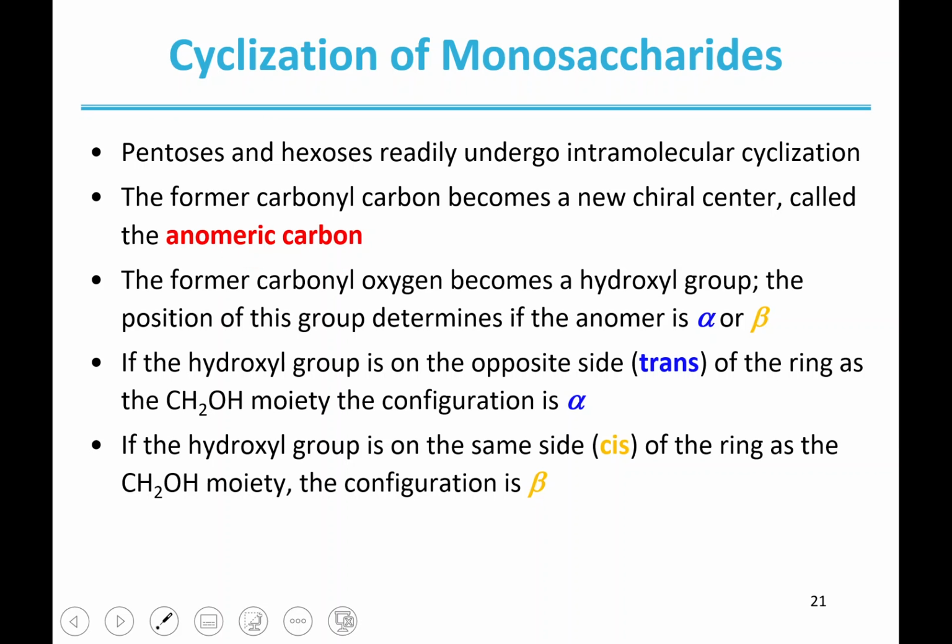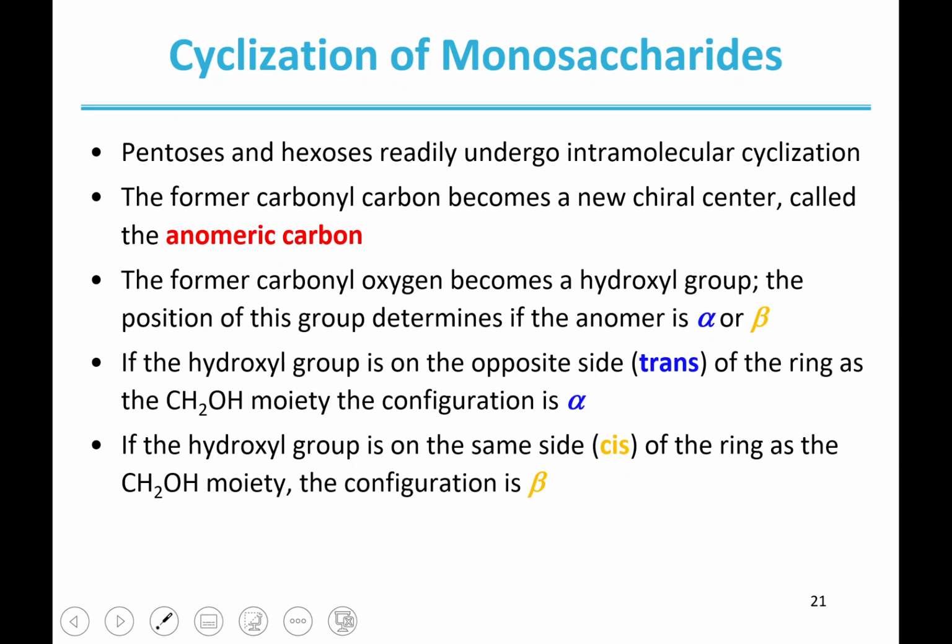Okay, so that's important to remember. The anomeric carbon is the carbonyl carbon in the open form. So in the ring form, we call that the anomeric carbon. That is where the carbonyl group was in the open form.